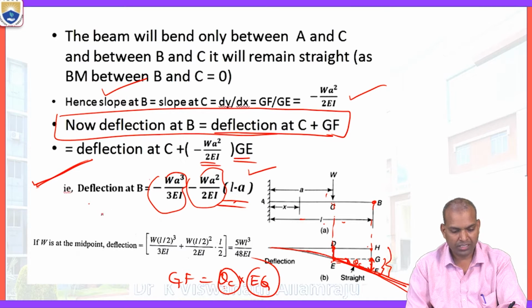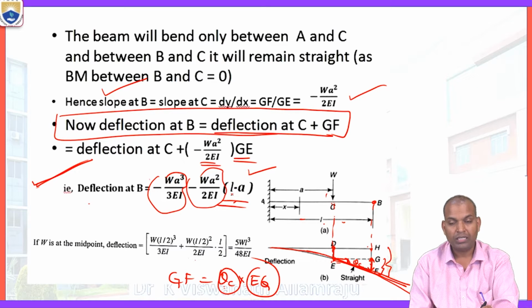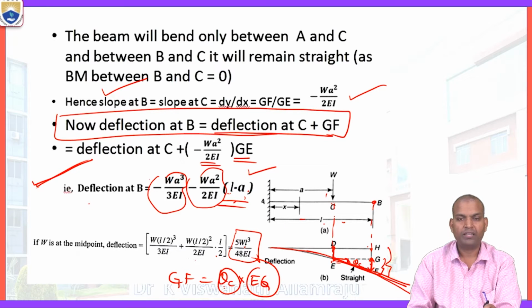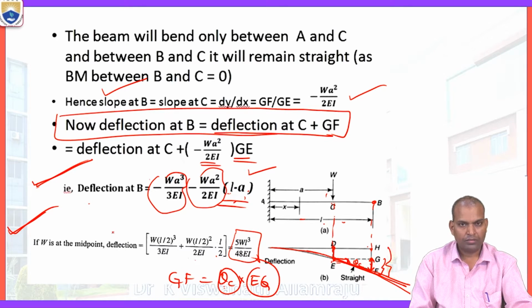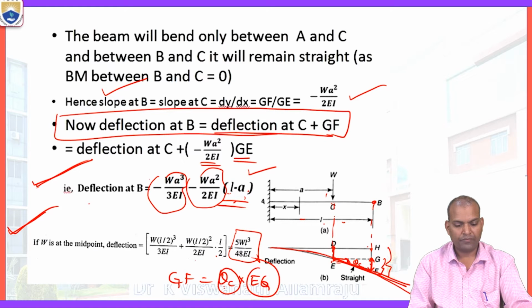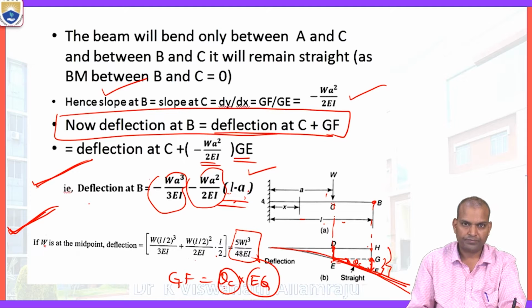Substitute in the equation where A equal to L by 2, then we will get W times L by 2 whole cube by 3EI plus W times L by 2 whole square by 2EI times L minus L by 2, that is L by 2. That is 5 times WL cube by 48 EI. This is the one we calculated here.